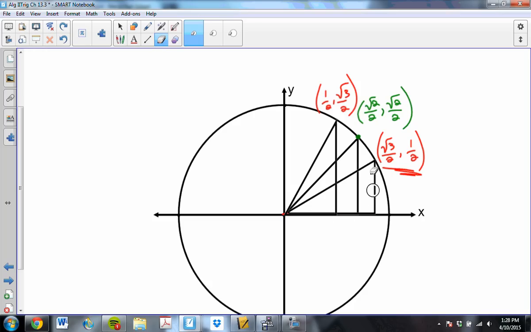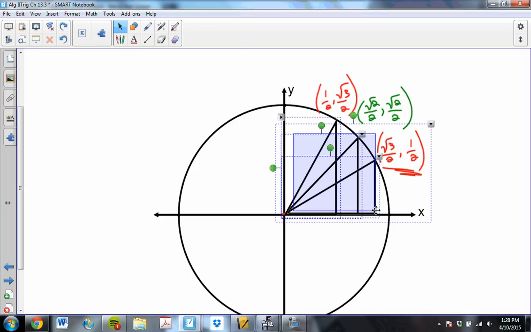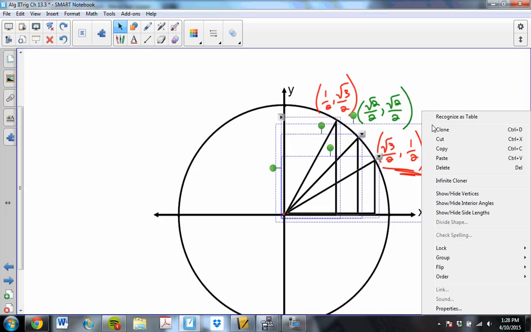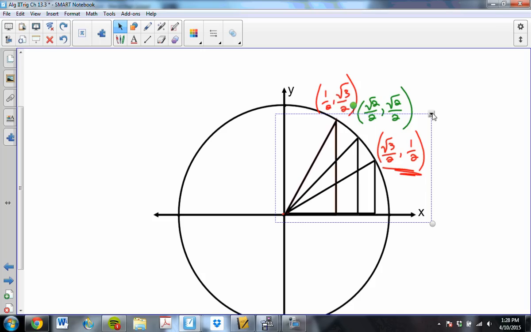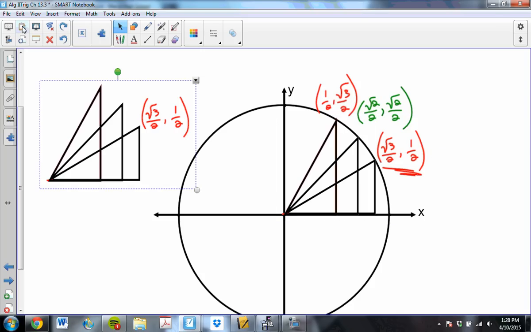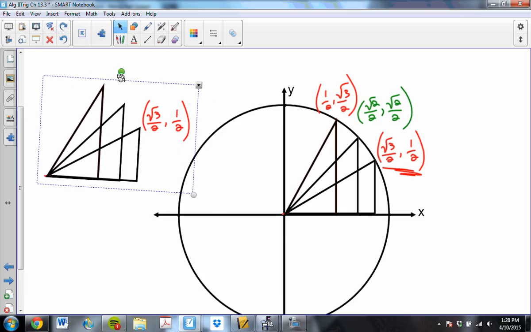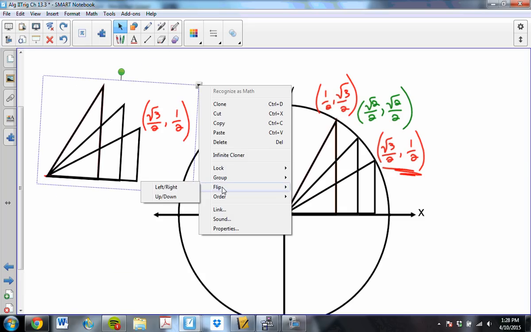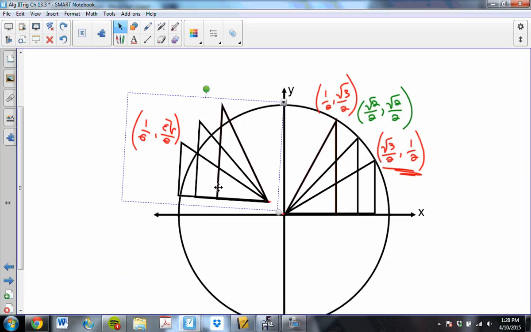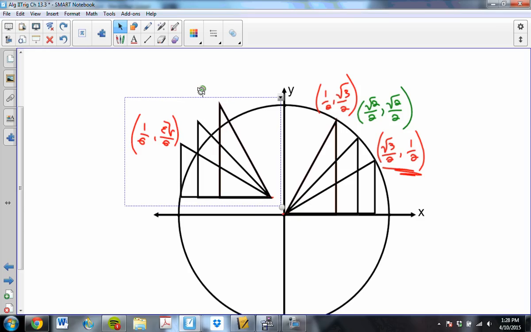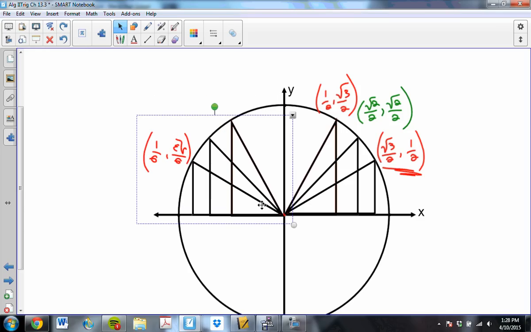Take those three little triangles that I just grabbed and group them and copy and paste them and flip this over, or reflect it actually. And I can get three more coordinates.